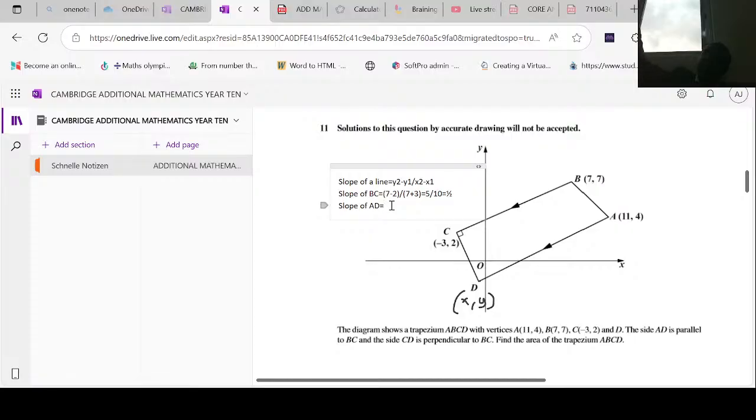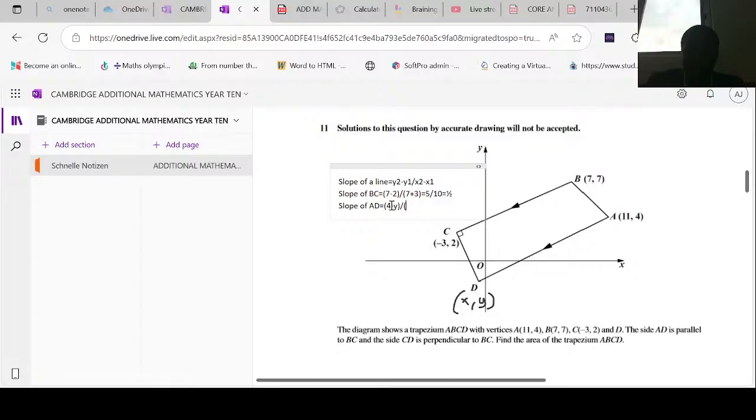D. So our y2 is 4, right? Then our y1 is y. We don't know what it is. So that will be 4 minus y, are you there? Divided by 11 minus x. 11 minus x.